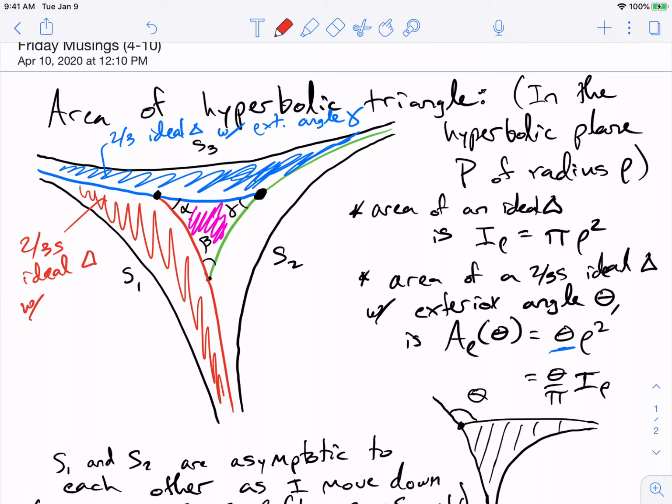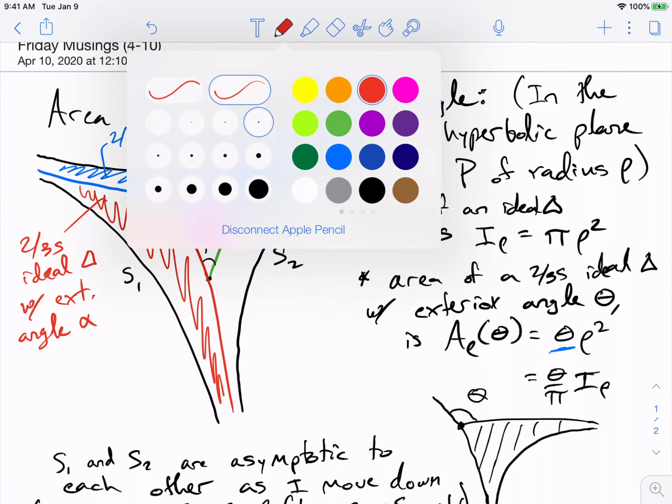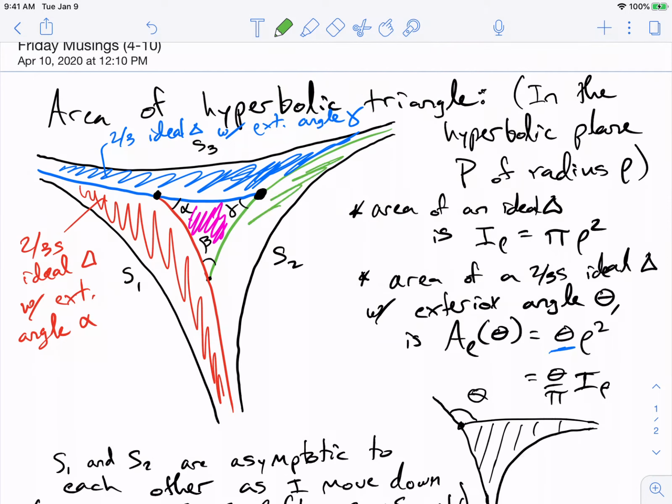And the exterior angle in this case is alpha. And then finally, the same on this side. This is a 2/3 ideal triangle with exterior angle given by beta.